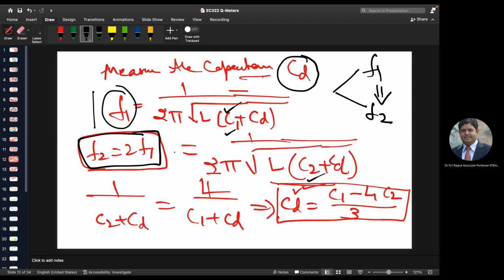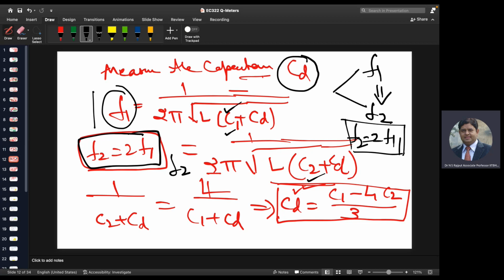So in this case, for F2, this will be 1 by 2 pi square root L within bracket C2 plus CD, right? And since there is a typical relation, F2 is equal to twice of F1.